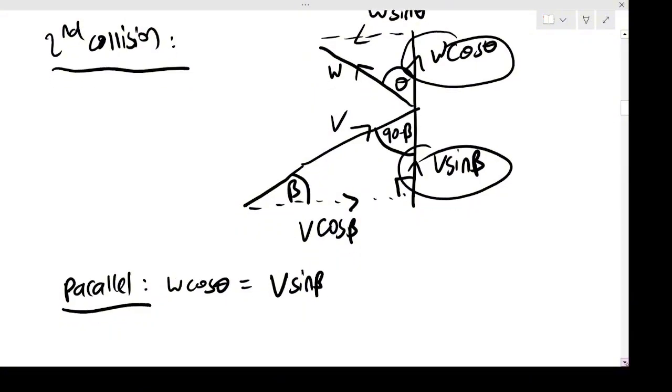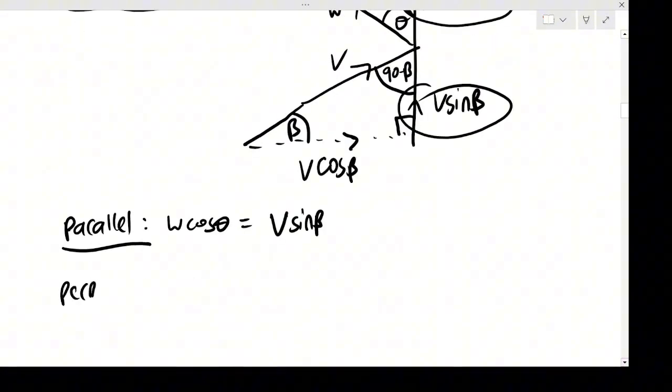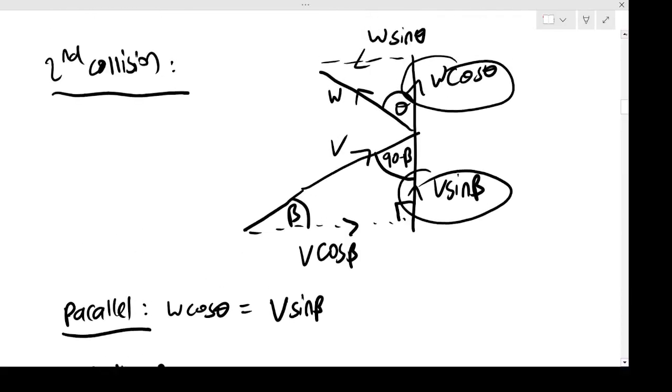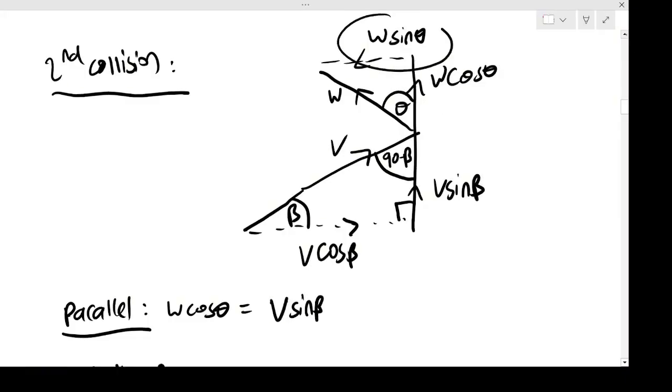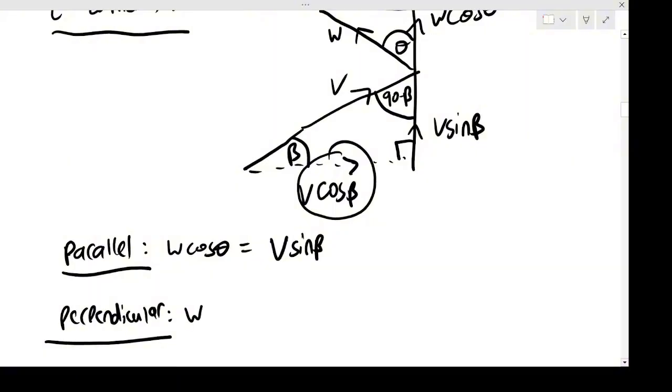And the perpendicular to the vertical wall is now going to be the W sine theta and the V cos beta here. So W sine theta is going to be E lots of V cos beta. And we know what E is.